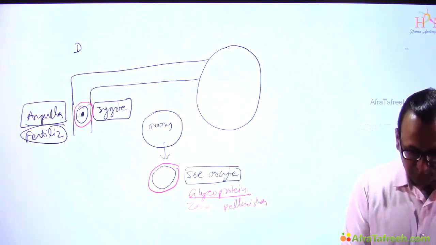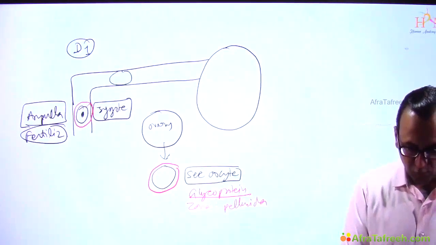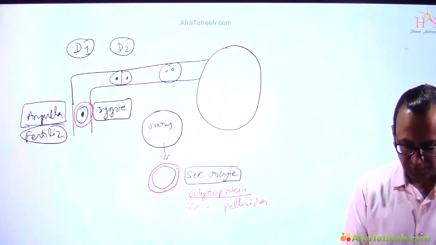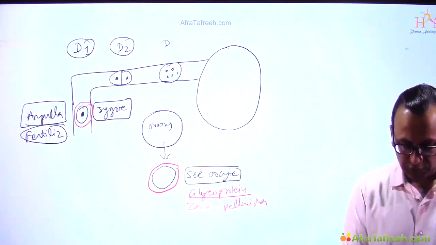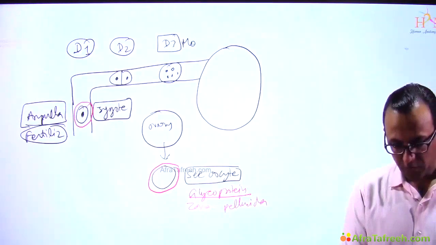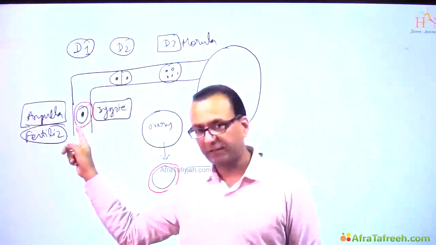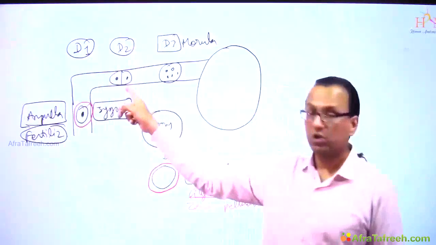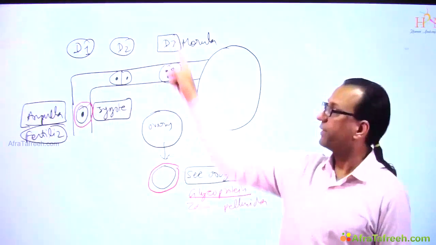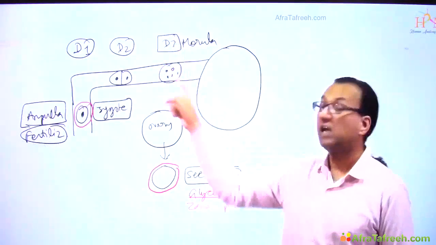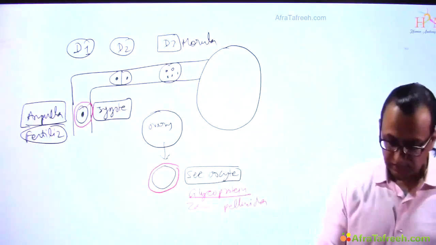So day number 1 you have a single cell, day number 2 you will have 2 cell, and day number 3 you will have the multicellular stage, which is called the morula. Morula is generally taken as 16 cell stage.